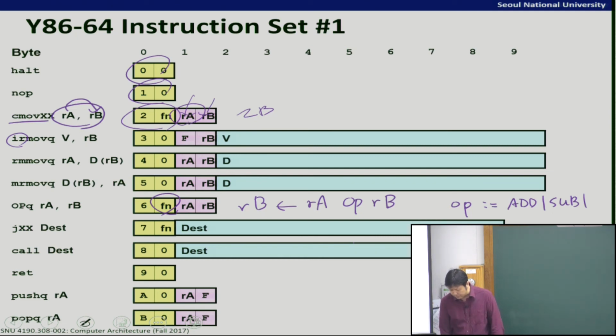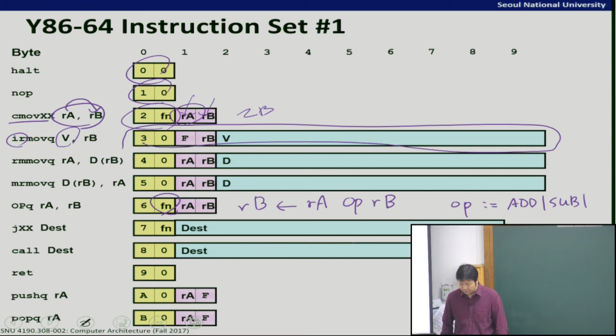And this one is really a long instruction: immediate to register copy, move. In this case, we have to have a constant value, an 8-byte constant value V, placed here, and then this RB is the destination register.